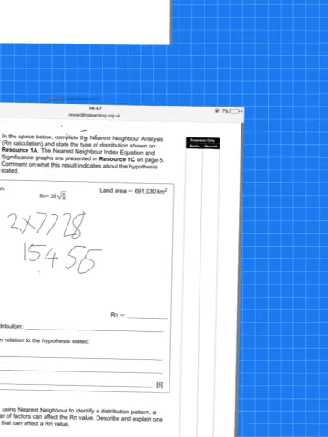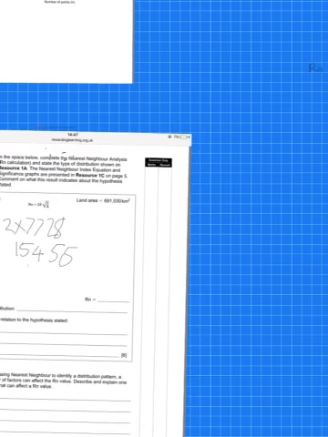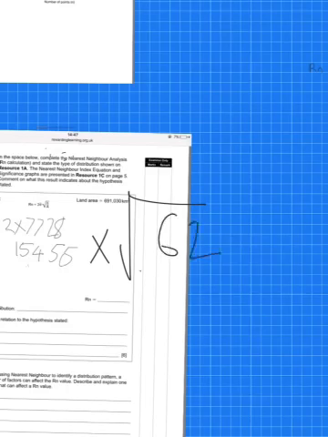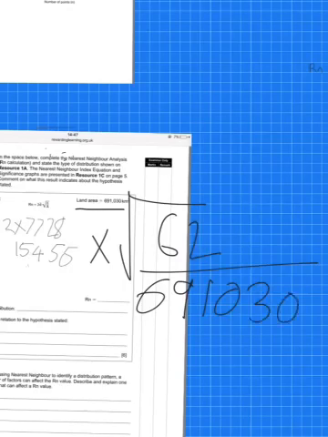We're then going to multiply that value by the square root of 62, which remember was our total number of sites, over the area of Texas, which was that big number, and we can even find it here, land area of 691,030 kilometers, and that gives us a value of 1.46.